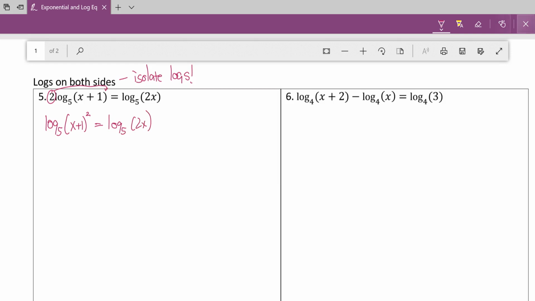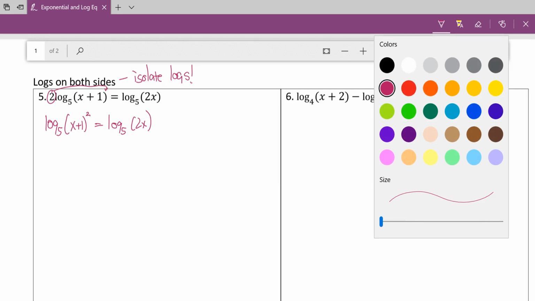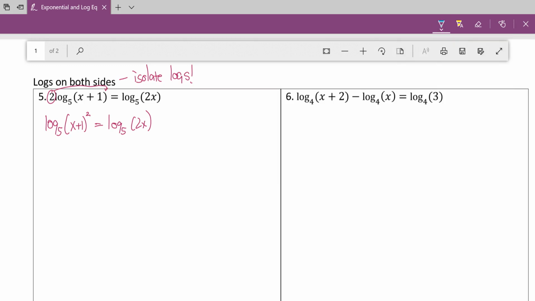So now when I do the inverse operation to both sides, I can make both sides the exponent of 5 to the power of log base 5 of 2x. Just like in the warm-up, 5 to the power of log base 5 on both sides.